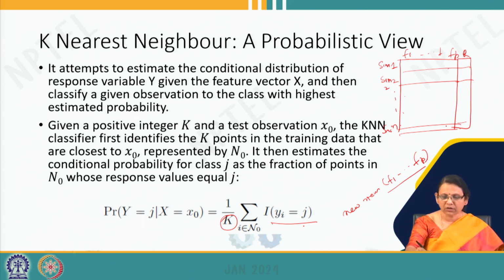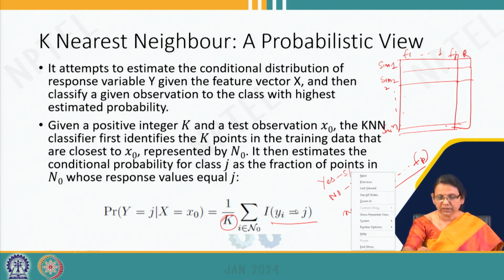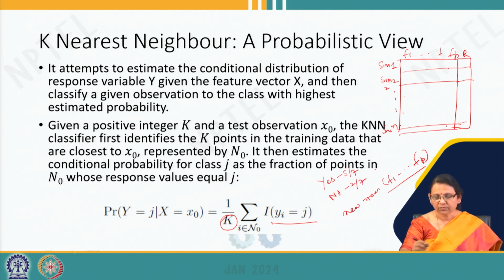Continuing with our example from the last class, the response variable was yes and no. So, 5 yes, 2 no, and the total number of neighbors we took is 7. So this is the probability. Out of this, this is the highest, so you predict that.